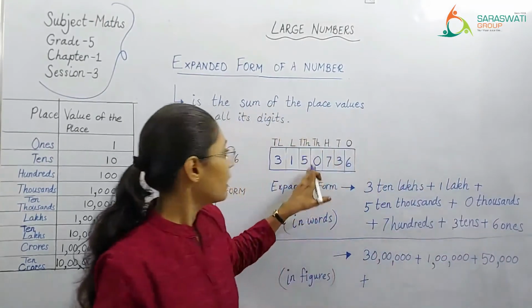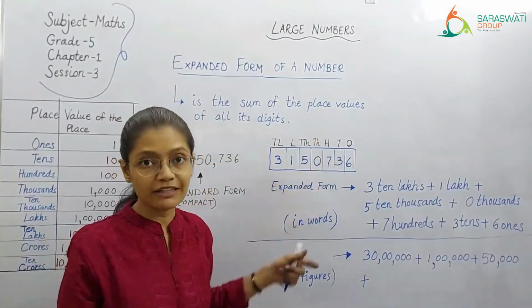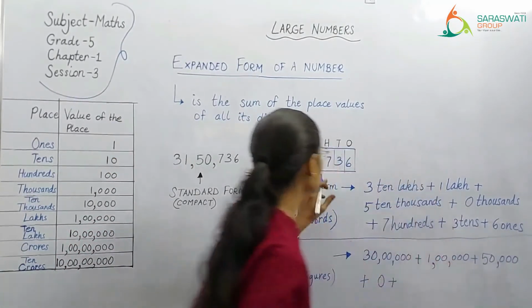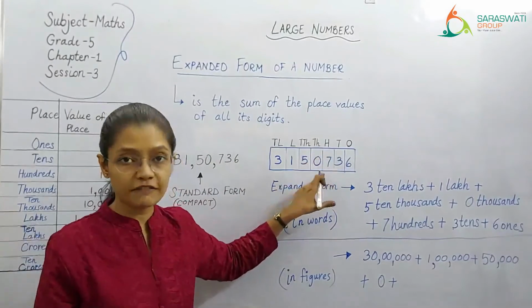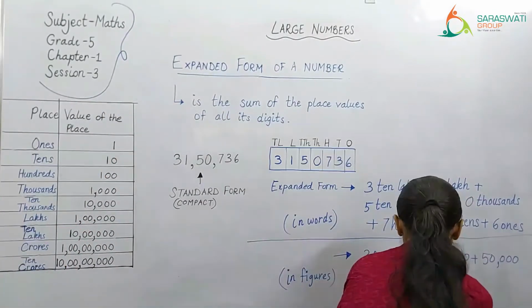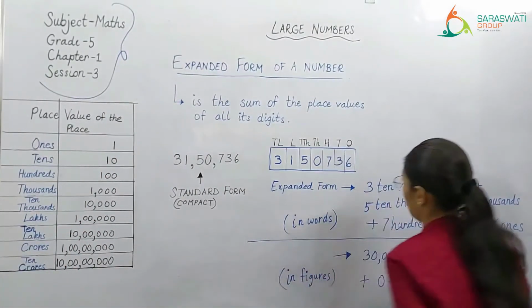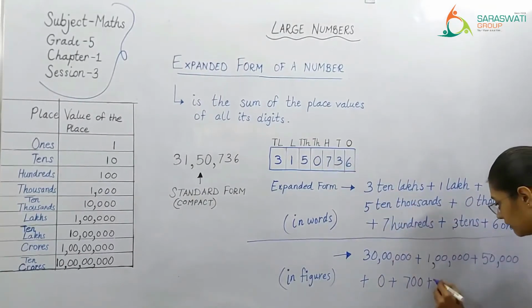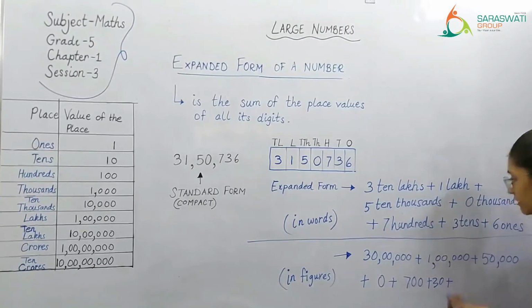Add place value of digit 0 and that is 0. Then place value of 7, that is 700. Add place value of 3, that is 30. Add place value of 6 at one's place, that is 6.